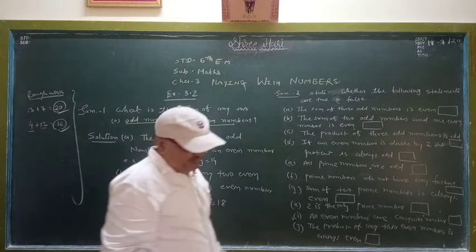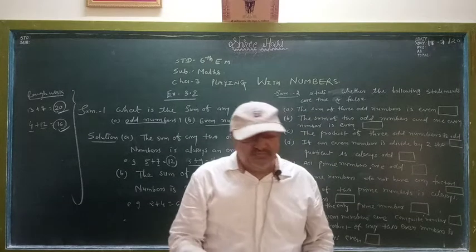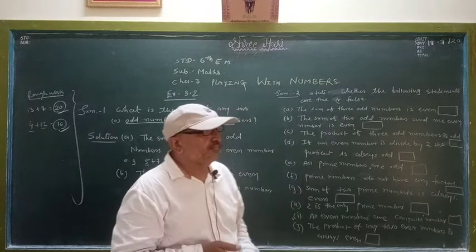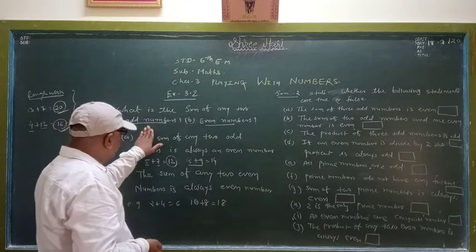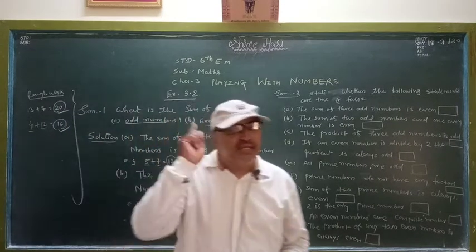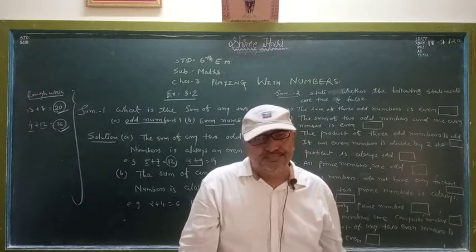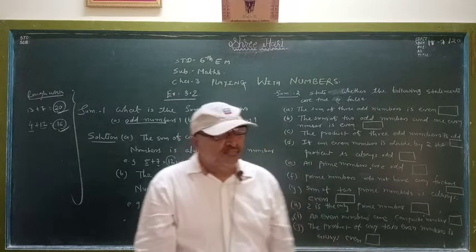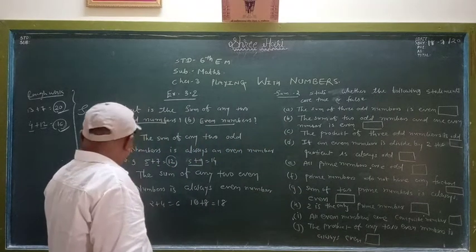After these examples we can say that the sum of any two odd numbers is even and the sum of any two even numbers is also even. Your sum number 1 is completed.